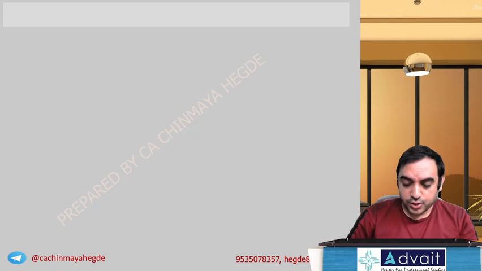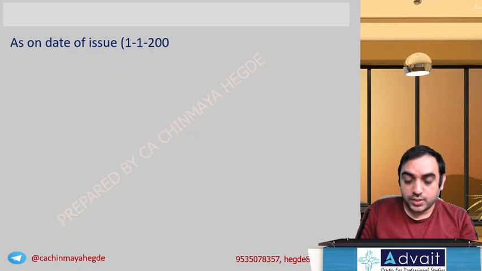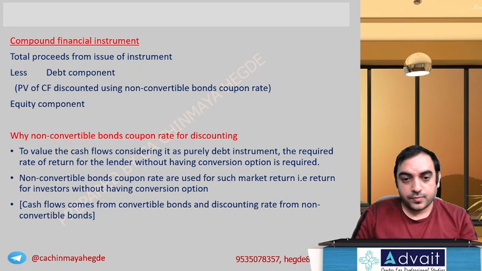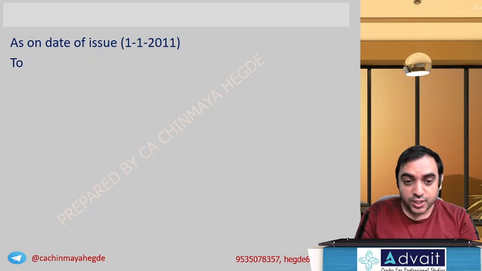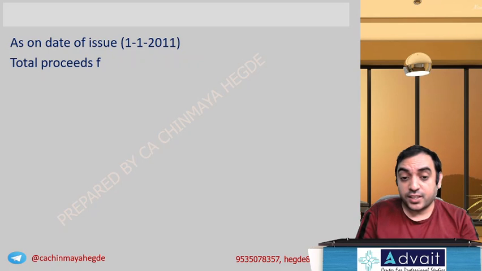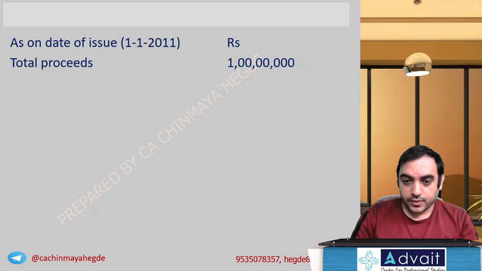So as on 1/1, as on the date of issue, it is 1st January 2011. What is the total proceeds from the compound financial instrument? Total proceeds from this instrument is 1 crore. Less: debt component.